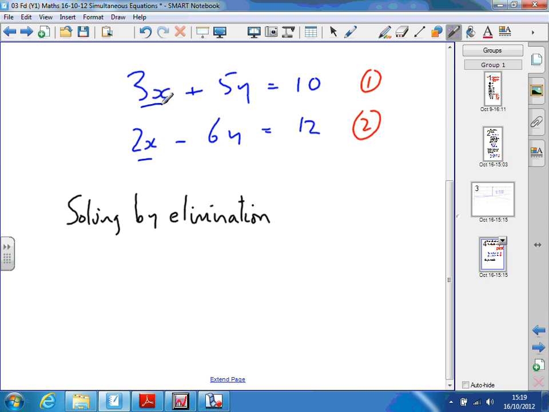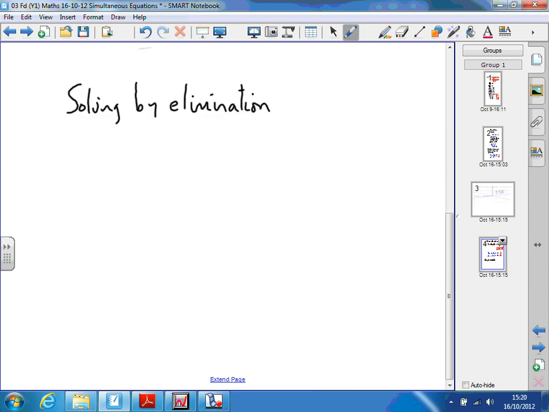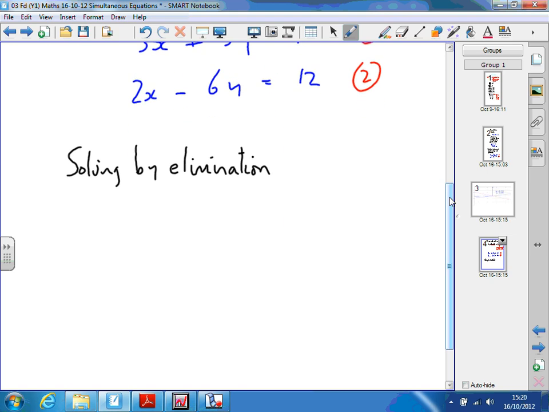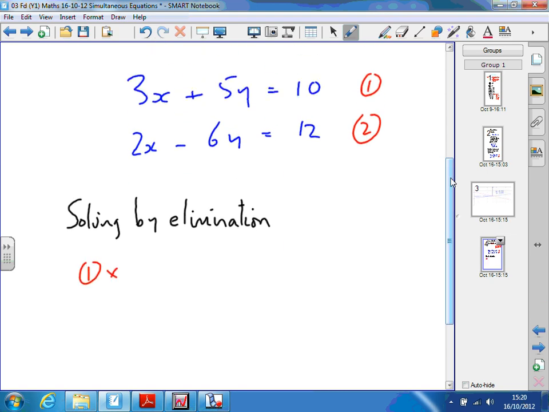So what I do is I say, okay, I'm going to multiply equation 1 by 2. Shorthand way of writing that, equation 1 multiplied by 2. And I get 6x plus 10y equals 20. Now I've got a new equation, so let's call that equation number 3.